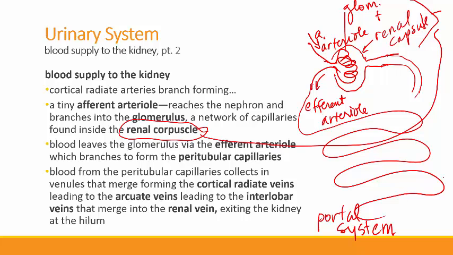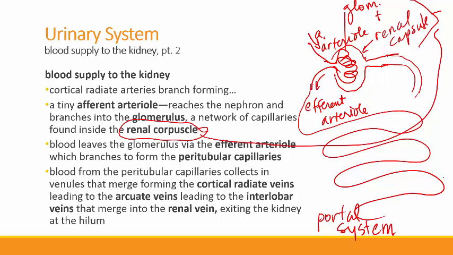So the cortical radiate veins then lead to the arcuate veins that track right alongside the arcuate arteries, and then finally the arcuate veins will merge into the interlobar veins that will merge into the renal vein, and all of this blood supply exits the kidney at the hilum and returns then to the inferior vena cava to be brought back to the heart.